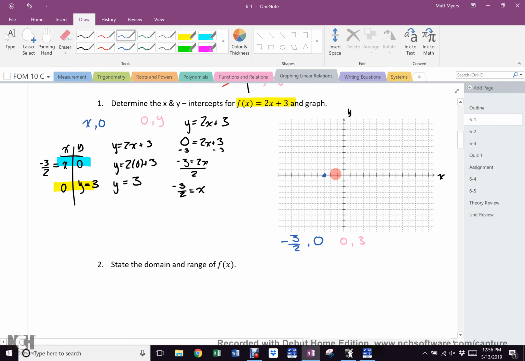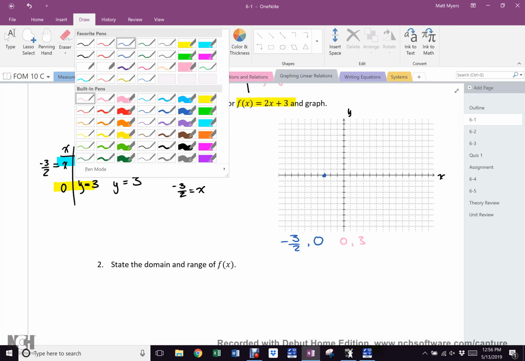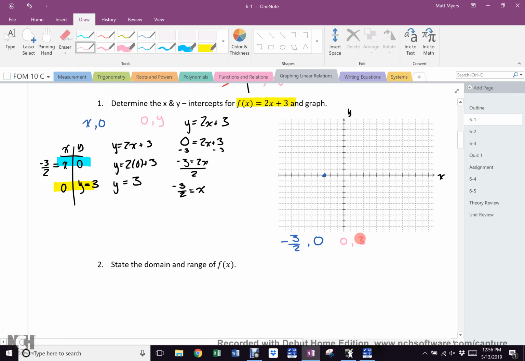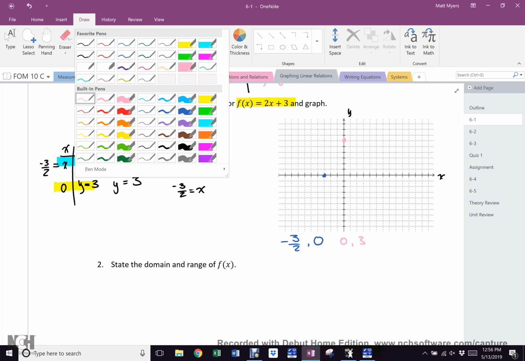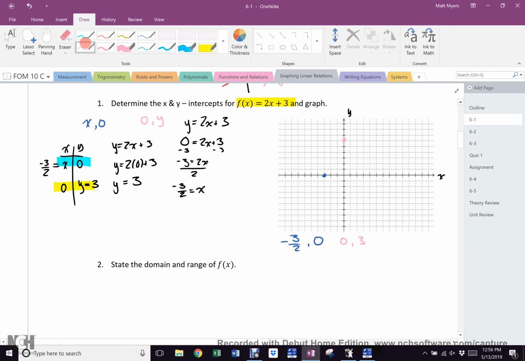Now once I do that, I've said that each little square is worth a half, right? So where do I go for 3? How far up do I have to go? 6. 1, 2, 3, 4, 5, 6. And now what do I do with those 2 dots? Connect them. Because I'm done.